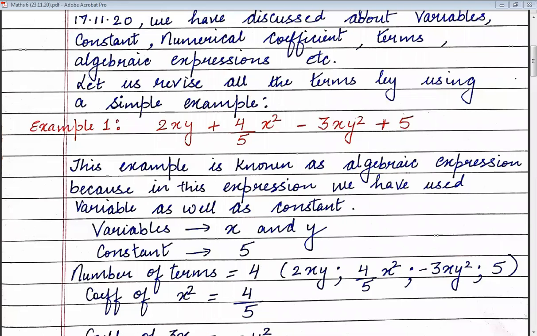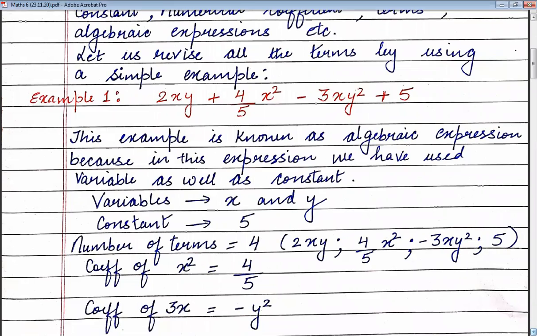Now we have to find the coefficient of x square. First of all, children, find the term in this expression where x square is present. Where is x square? This is the second term, in which we have x square.